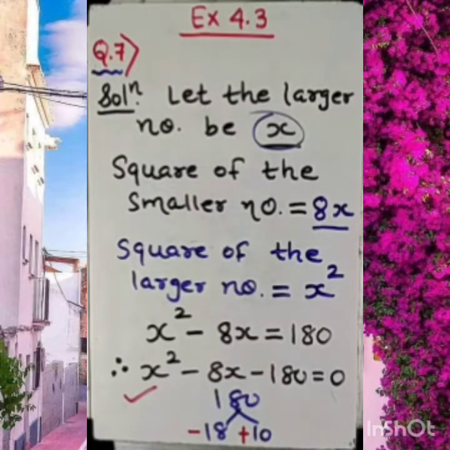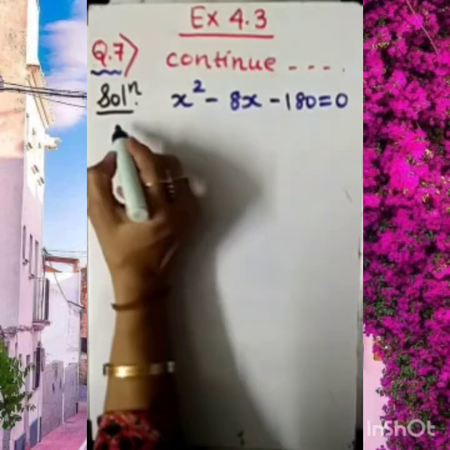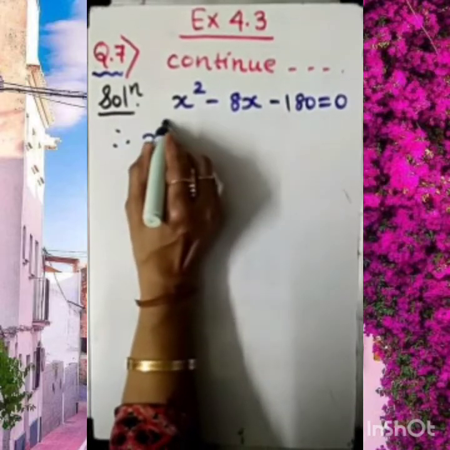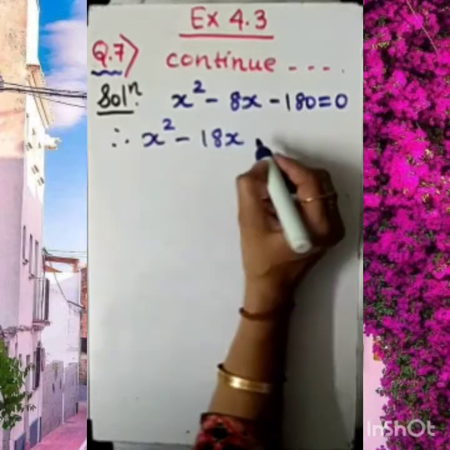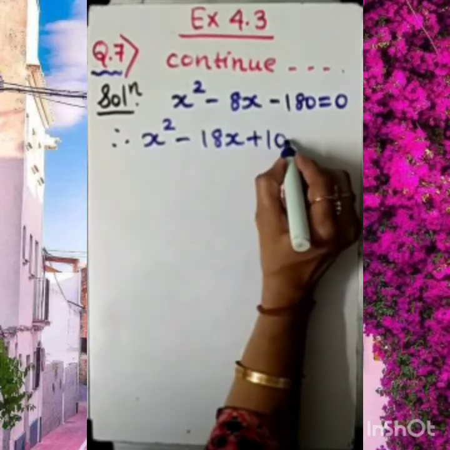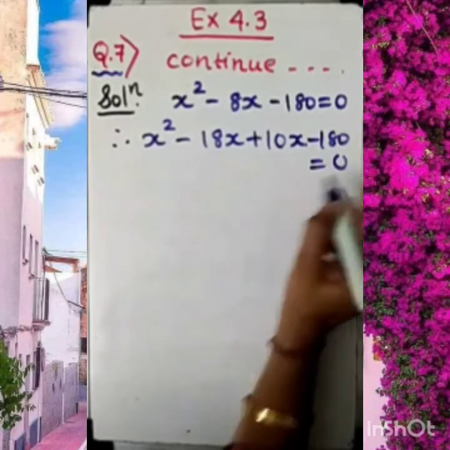Let's try to find its roots. So my dear student, the equation is x square minus 8x minus 180 equal to 0. As I told you, we want to find its roots. So I have the middle term split: minus 18x plus 10x, and minus 180 equal to 0.